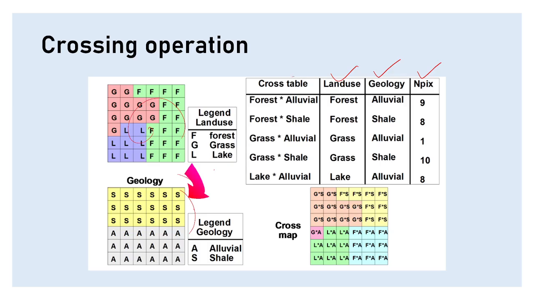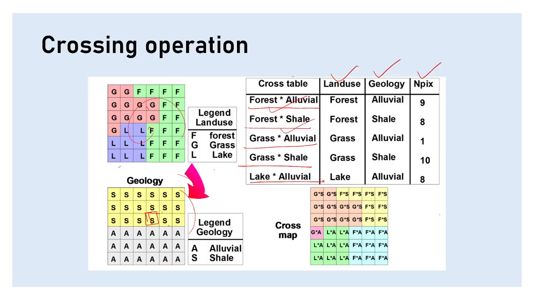So in cross table, we have this forest alluvial, forest shale, grass alluvial, grass shale, and lake alluvial. So we have combined it like that. So here only two classes are there. So it's easier to classify. But then when it is combined with these, the cross table comes into action. So here, this is one random one we'll take. For example, I'm taking this cell, okay? Here you have shale.